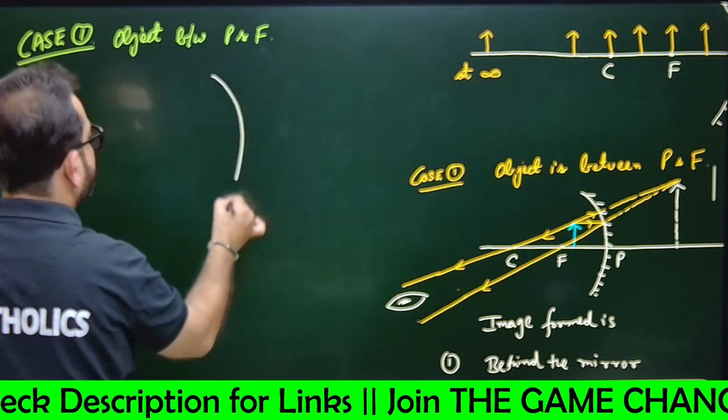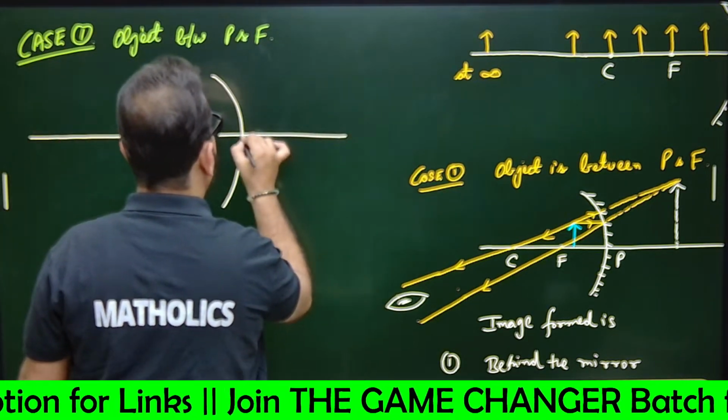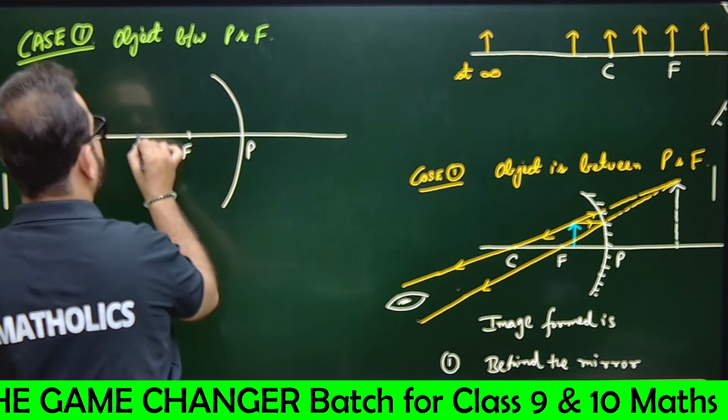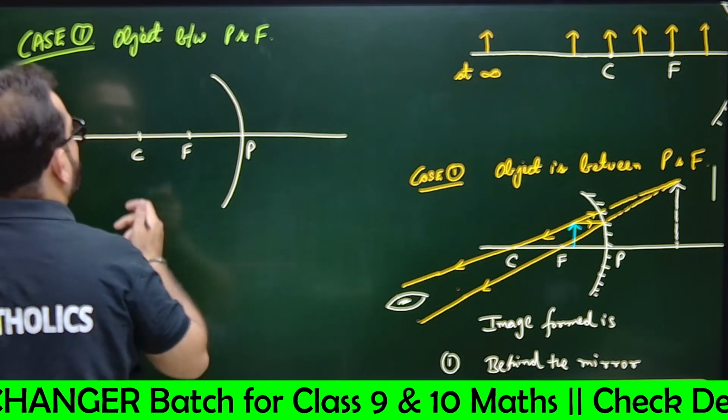See, if this is the concave mirror, this is the pole, this is the focus, right? And this is the center of curvature, right? The object is there.